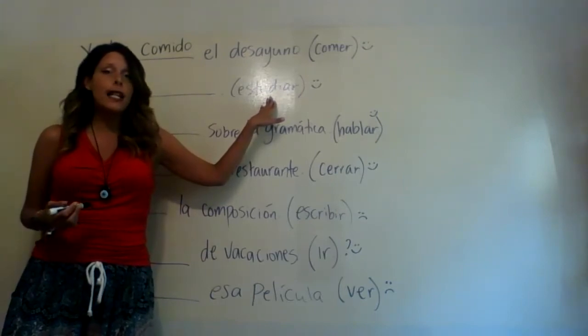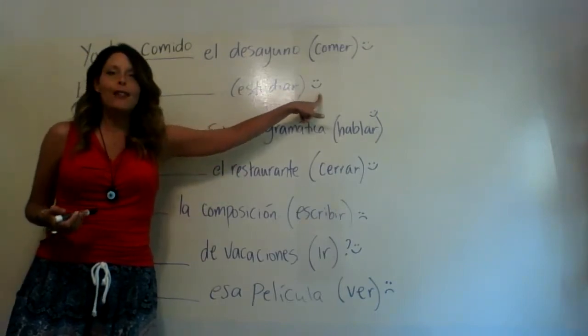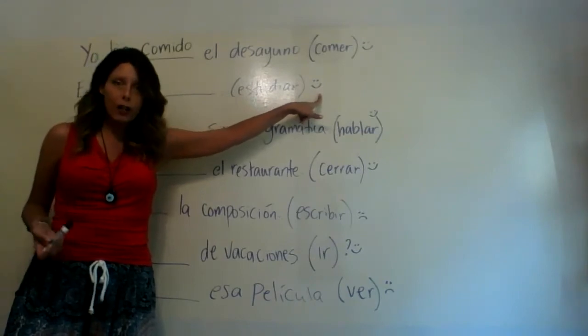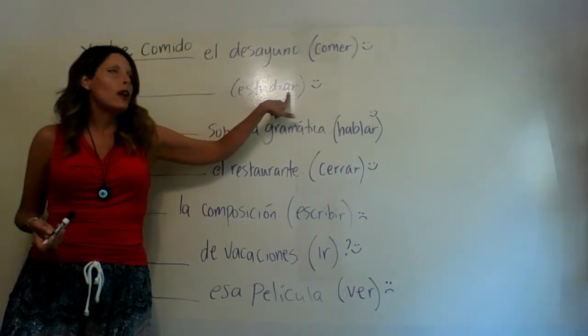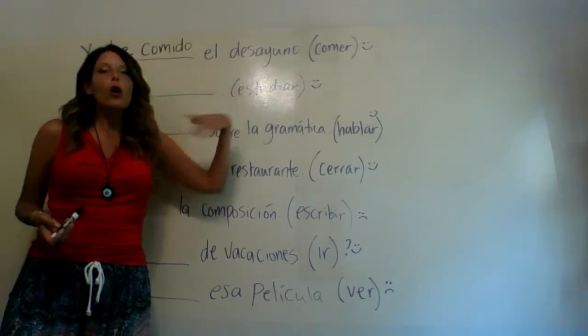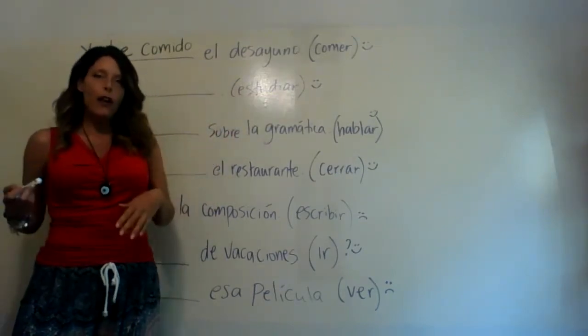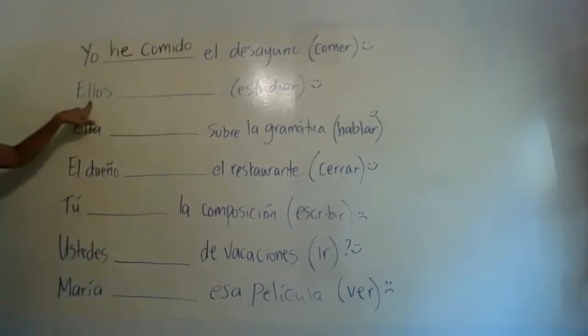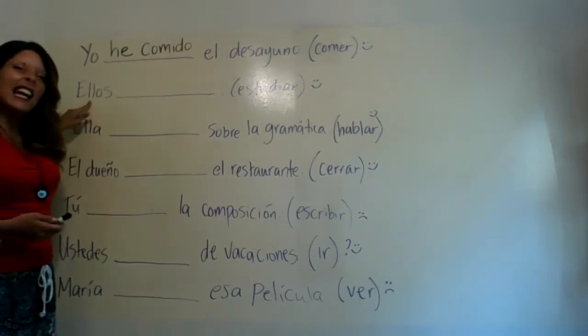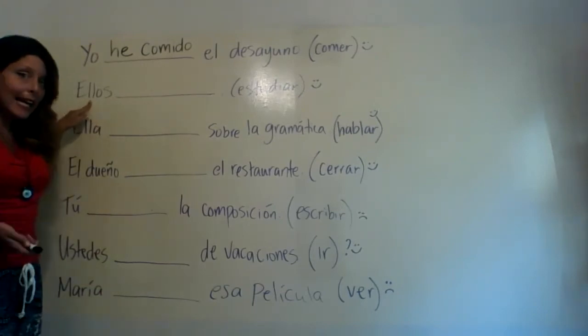Then we're going to use the participle for the verb estudiar. Estudiar meaning to study. A little smiley face next to it because the participle is a regular participle. It's an AR verb, so when we convert it into a participle, we are just going to chop off the AR and then add ado, ADO. The subject of the sentence is ellos, so that is they.